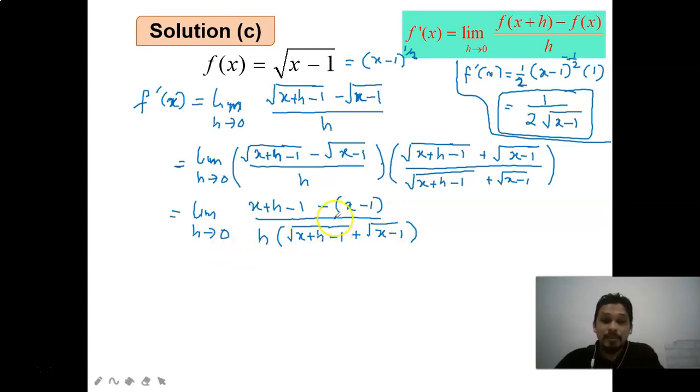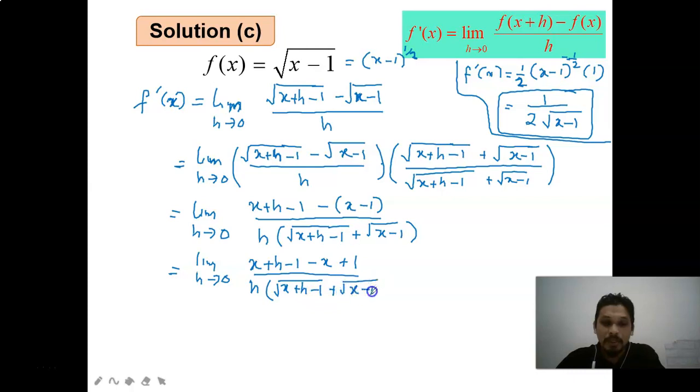Okay, so the limit as h approaches 0 of x plus h minus 1, negative times x is minus x, negative times negative 1 is positive 1, divided by h times the square root of x plus h minus 1 plus the square root of x minus 1. There you go.